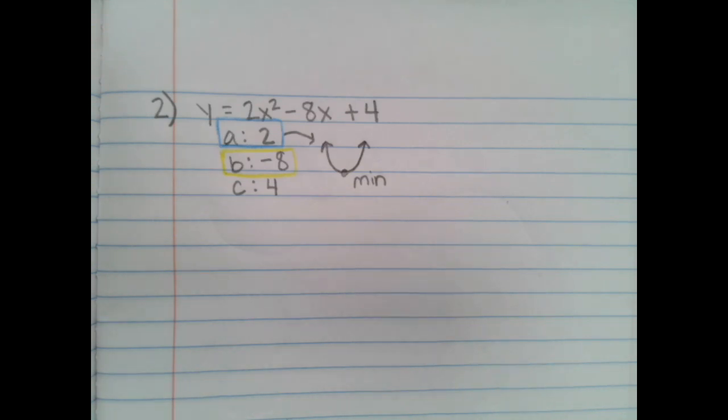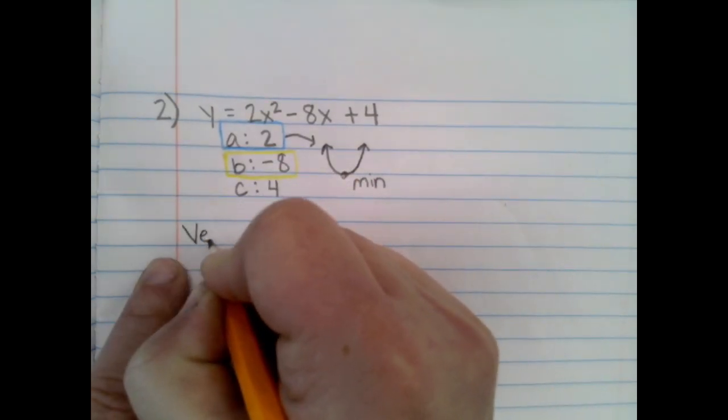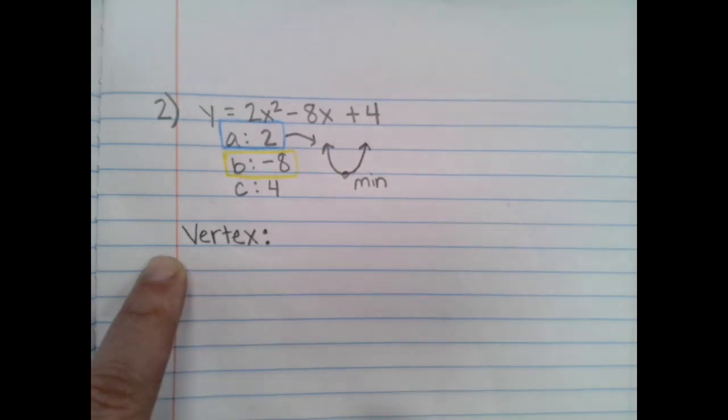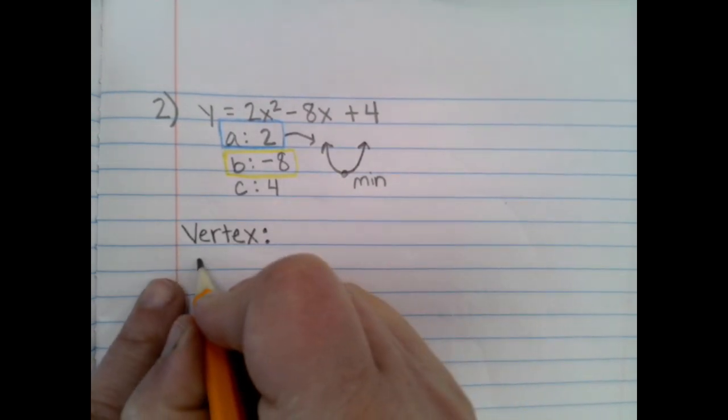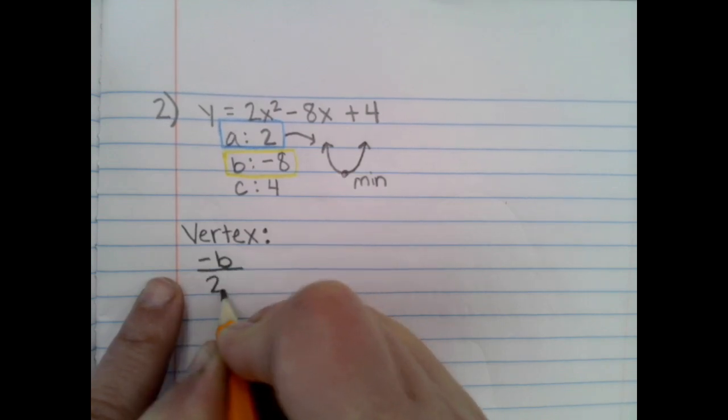What's the next thing we need to find? The vertex. Before we can do the table, we need to know where the center is going to be. Where is that vertex? So for the vertex, that's where we do the opposite of B over 2A.